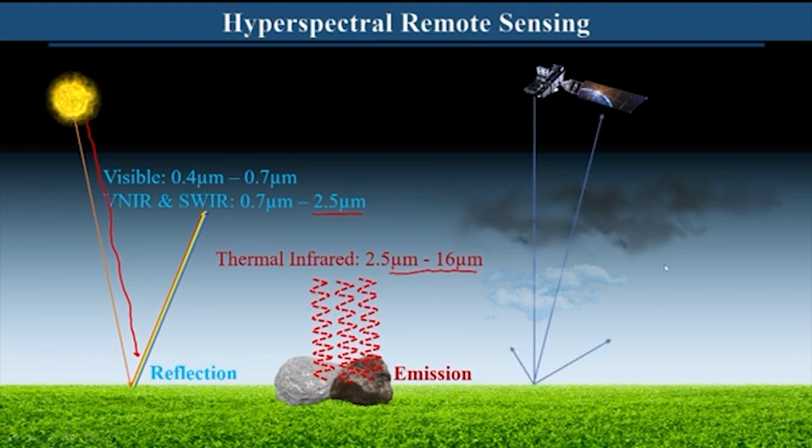Now, the third case is where we are using microwave sensors, which can measure the backscattered energy, and here the range is 0.1 centimeter to 1 meter.